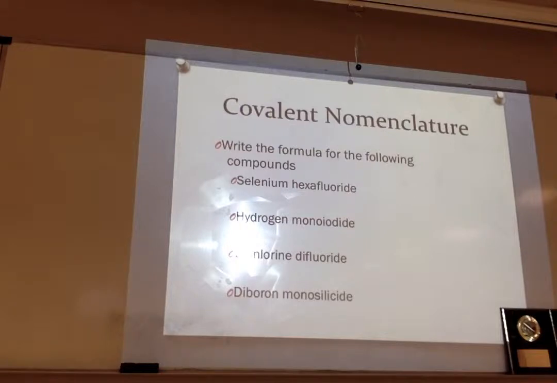They tell you exactly how many are in there. Except we haven't done those all year. Except in the beginning. That'd be too easy. We'd use ionic a lot. Got away from covalent a little bit.